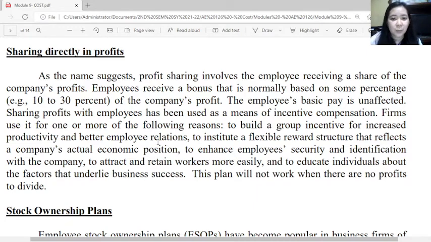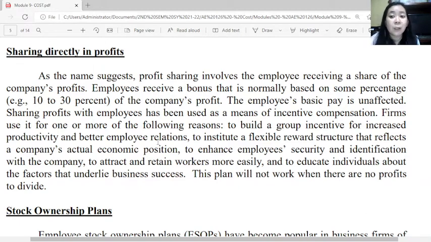In this case, the employee's basic pay is unaffected, so they share from the profits at the same time. Sharing profits with employees has been used as a means of incentive. So firms use it for one or more of the following reasons.